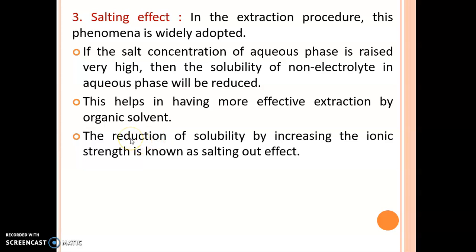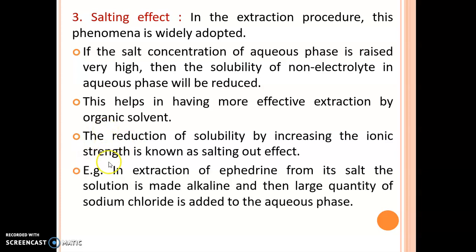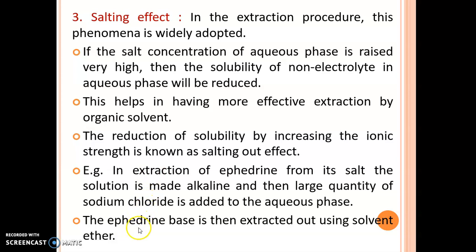The reduction of solubility by increasing the ionic strength is known as the salting out effect. For example, in the extraction of ephedrine from its salt, the solution is made alkaline and then a large quantity of sodium chloride is added to the aqueous phase. The ephedrine base is then extracted out using solvent ether.